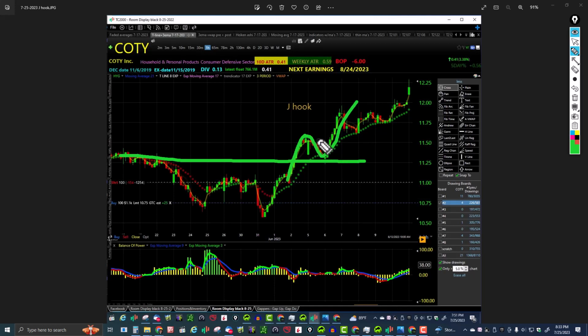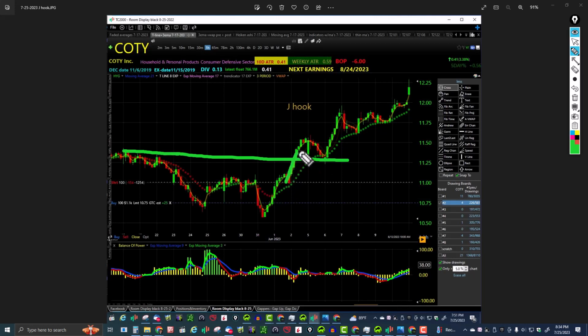In other words, you can see the J right there. The J comes in and hooks up and goes over the prior high. Major resistance becomes minor support right here.